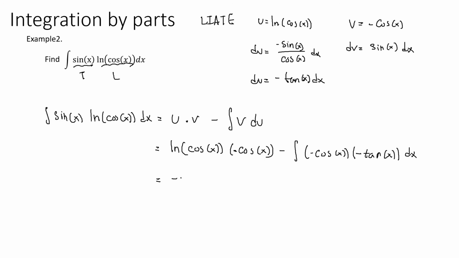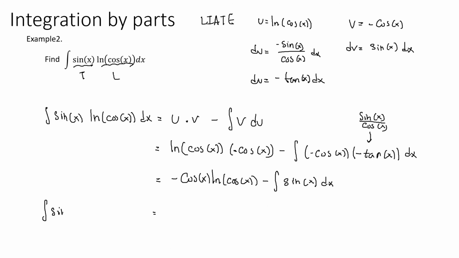So we have negative cosine of x times natural log of cosine of x minus integral of, again, tangent is sine over cosine. So basically cosine times tangent will be sine of x.